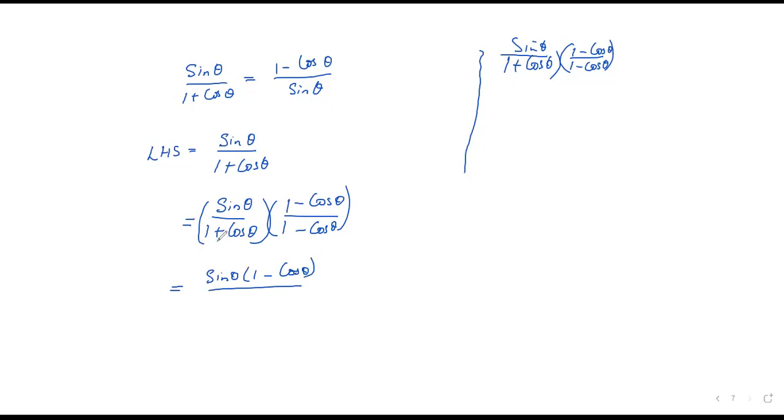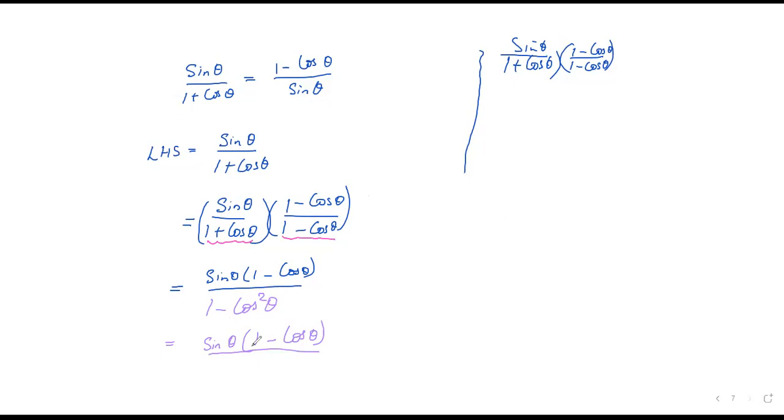The bottom one, we see once again the difference of two squares rearing its head once more. We will have 1 minus cos squared of theta. And that will be sine of theta times 1 minus the cos of theta.